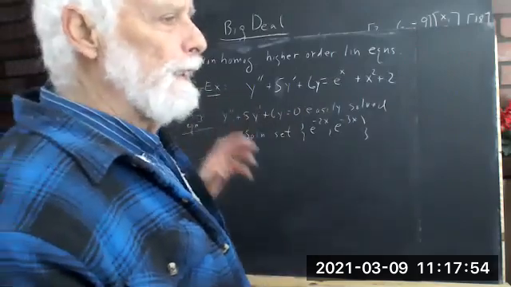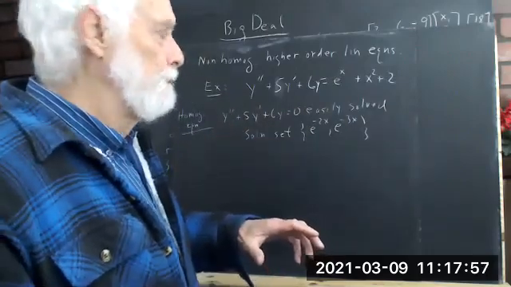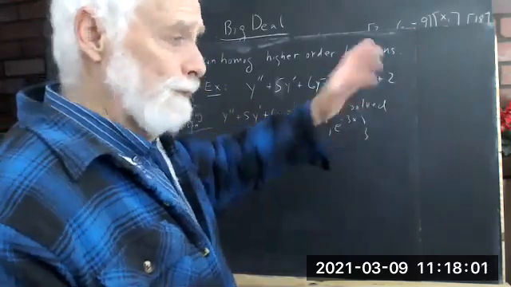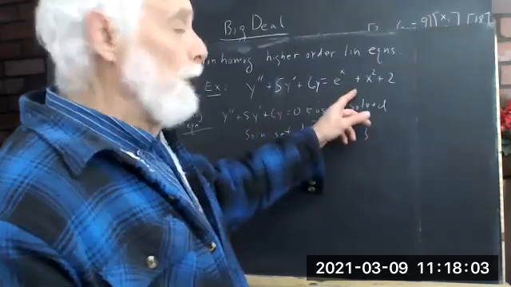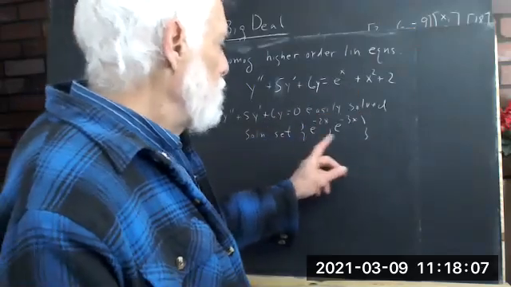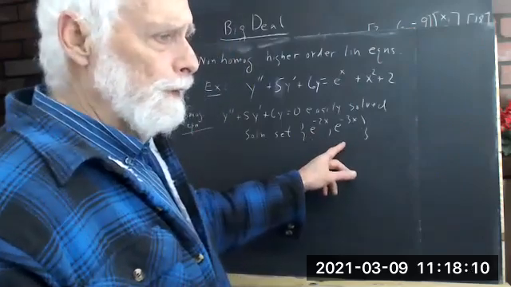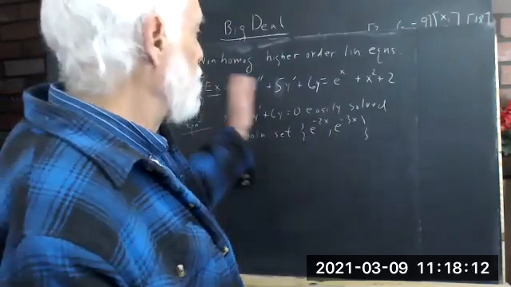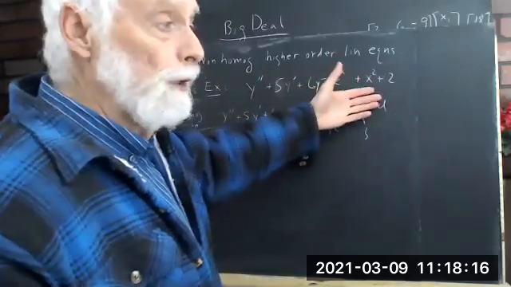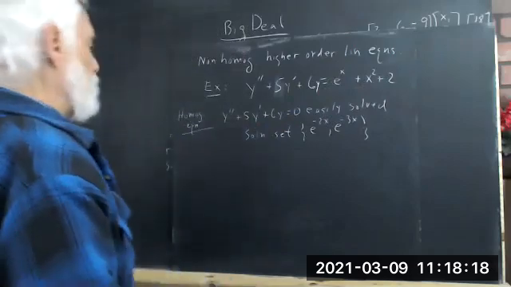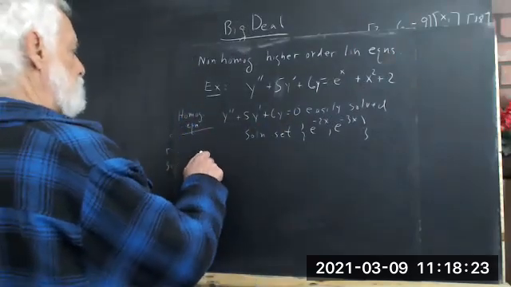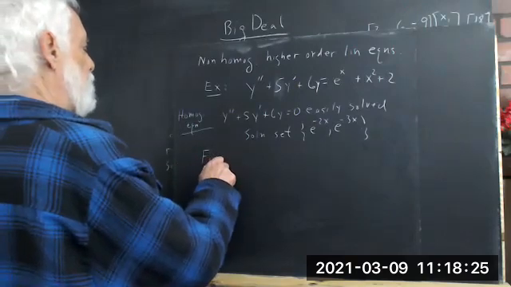If we can find any solution to this equation, any function at all, that solves this equation, when we add it to a linear combination of these, the linear combination is still going to give us 0. So we're still going to have a solution to this equation. So the method's going to be fine.